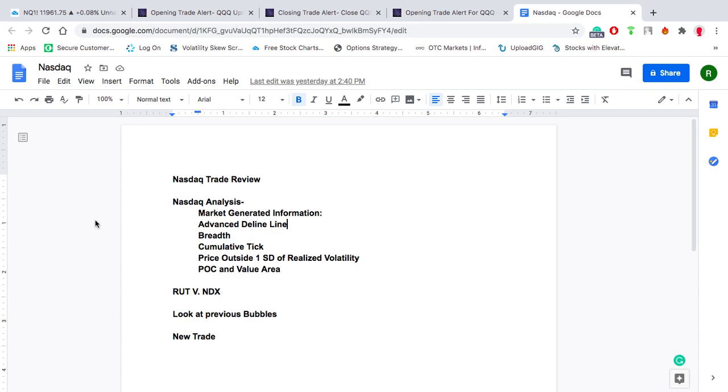I am data-driven, and I use that data. Russell versus Nasdaq: looking at previous bubbles on a relative basis with different indices, on the Russell versus Nasdaq, and then the new trade we're putting on right now. Those are all the things we're going to go over. Again, I like to be straightforward and quick with this, right?